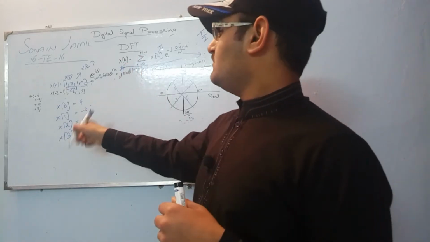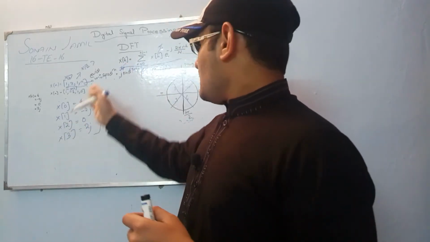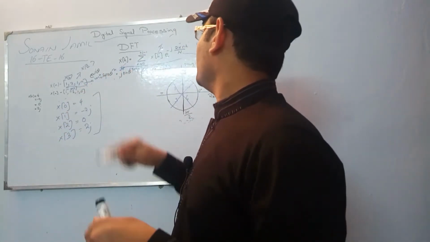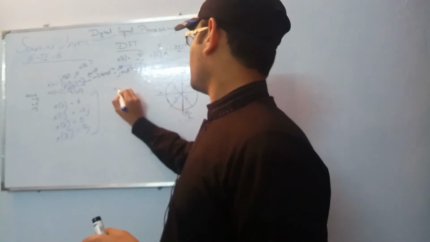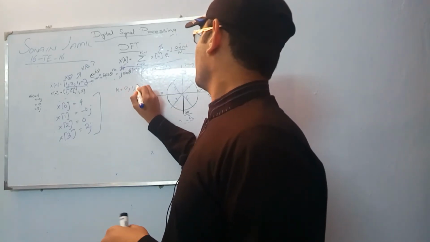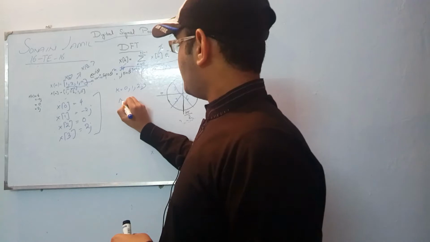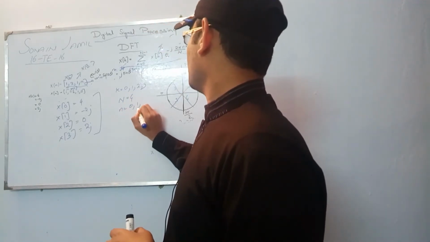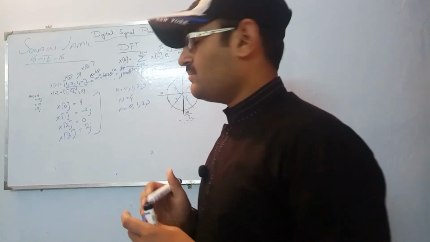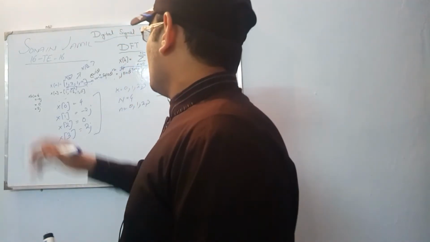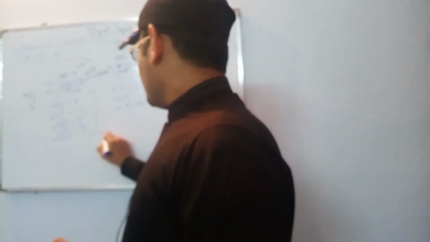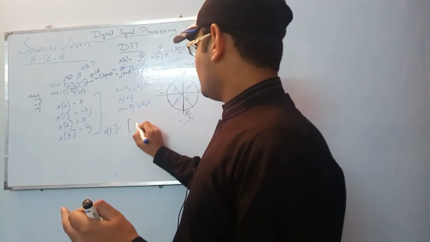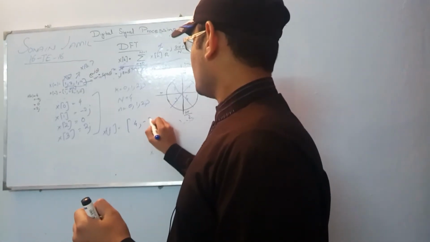We have seen how these values came from this formula by using values of k from 0 to 3, capital N is equal to 4 and small n is equal to 0, 1, 2, 3. So in the frequency domain, this signal has been transformed.